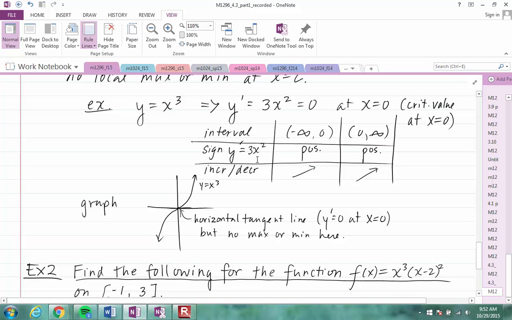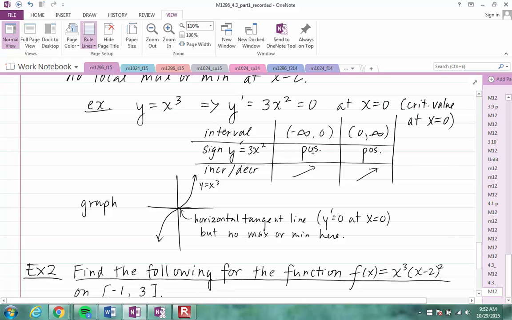The sign of 3x squared is a little different here. That's our derivative. Notice when you plug in negative x's, which would characterize this whole interval from negative infinity to 0, you're always going to get a positive number, because we have the x being squared first and then multiplied by a positive number.